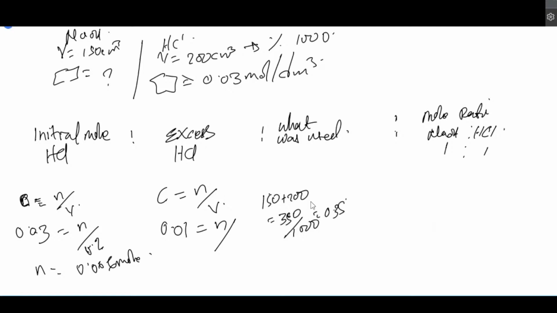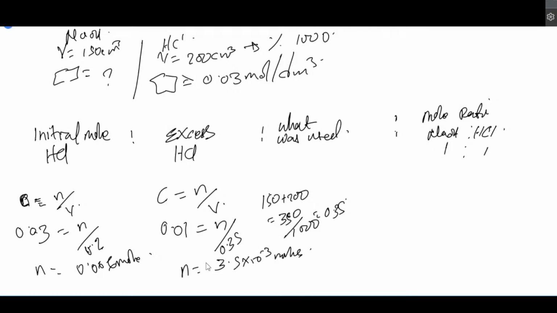So it's going to be 0.35. So now when I calculate the number of moles, this times this, I'm going to find out that it is 3.5 times 10 to the power negative 3 moles. So you can calculate it.